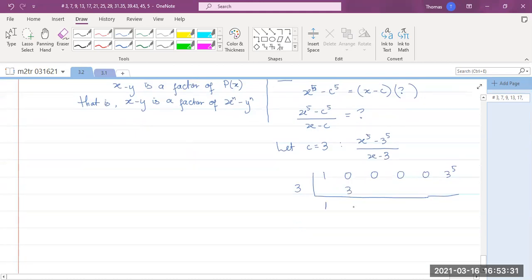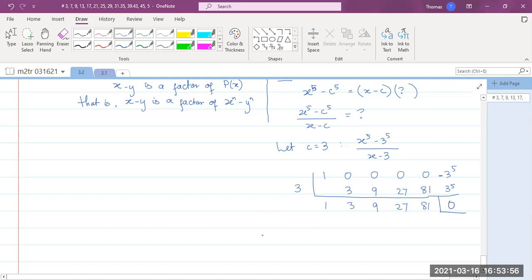This is 3. This is 9. This is 9. 27. 27. 81. 81. This is 243, which is 3 to the fifth. Oh, this should be minus here.